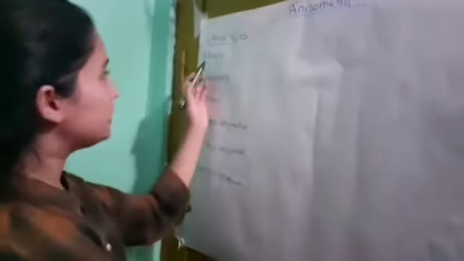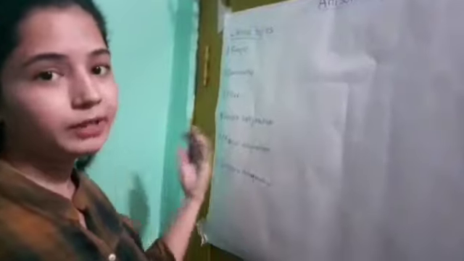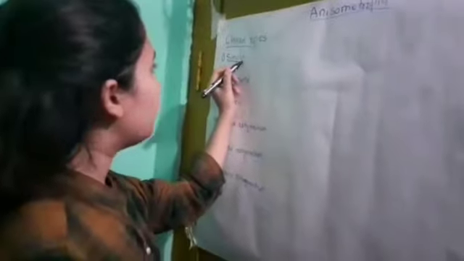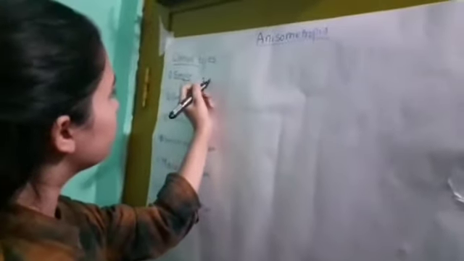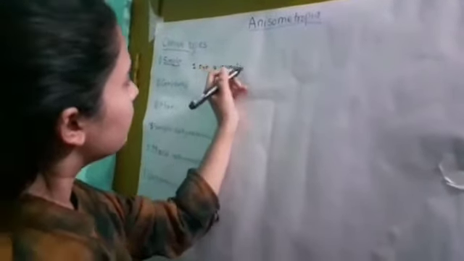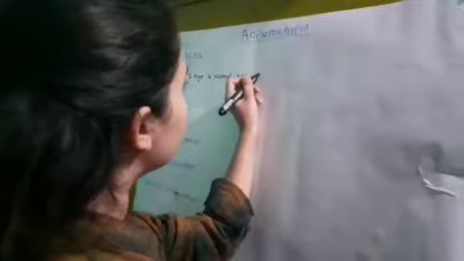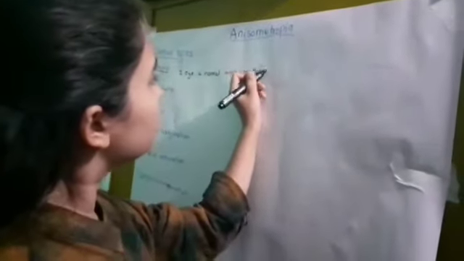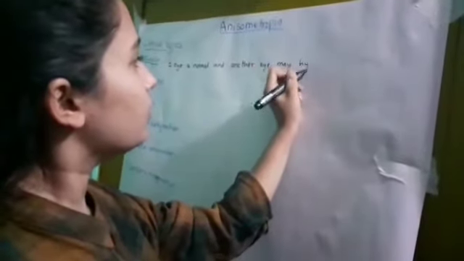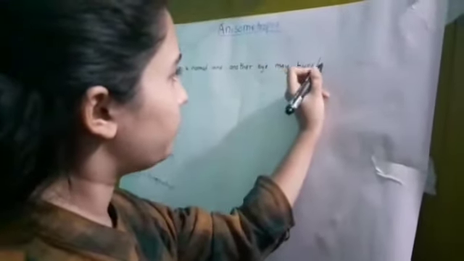Now let's go through the clinical types of anisometropia. In clinical types, there are 6 types: simple, compound, mixed anisometropia, simple astigmatism, mixed astigmatism and compound astigmatism. In simple anisometropia, one eye is normal and the other eye may be hyperope or myope.